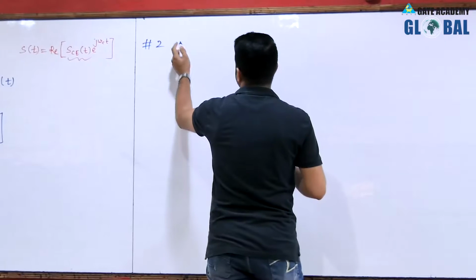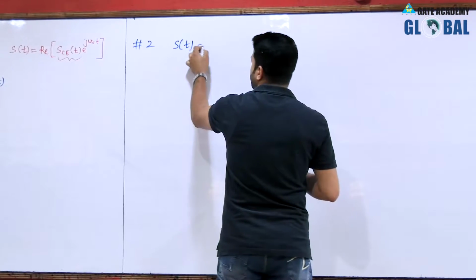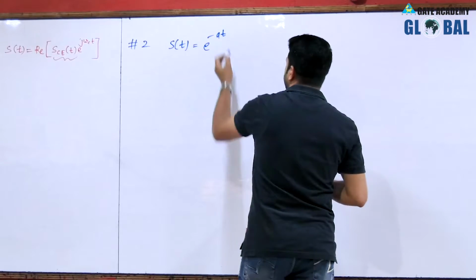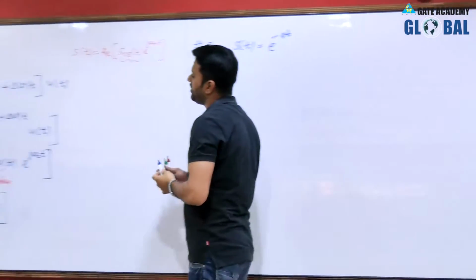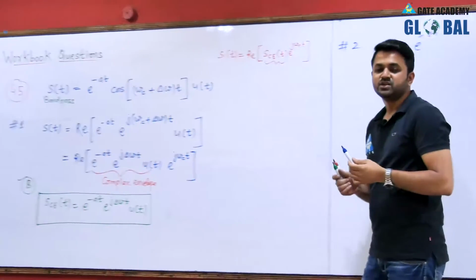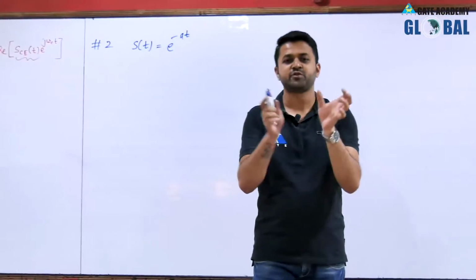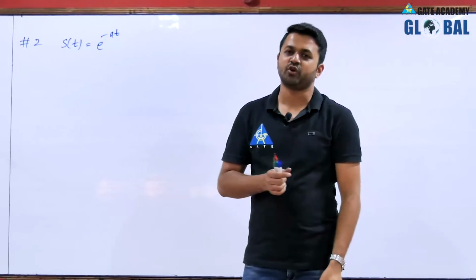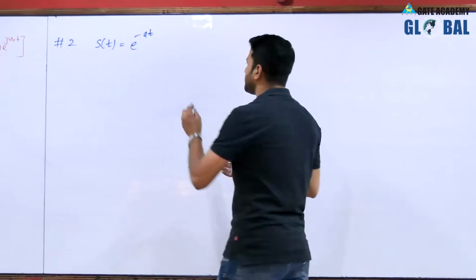So we can write s of t equal to e to the power minus at as it is, and then use the formula of cos(a plus b), from which we get two terms.